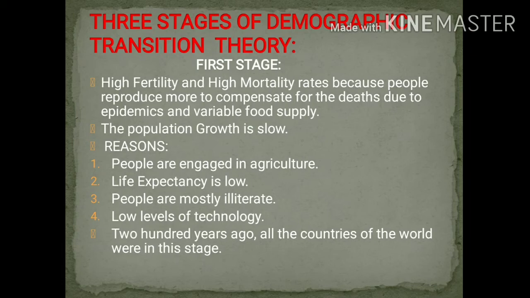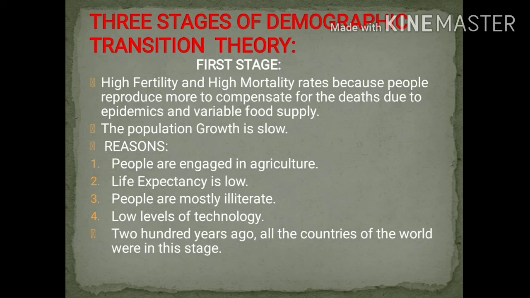The population growth in this stage is very slow. Reasons for having high birth rate and high death rate are: people are engaged in agricultural activities, life expectancy is low because of less medical facilities, people are mostly illiterate, they are not aware, and a low level of technology is there. So this stage is considered as the backward stage, where there is high fertility and high mortality rate because of a number of reasons.